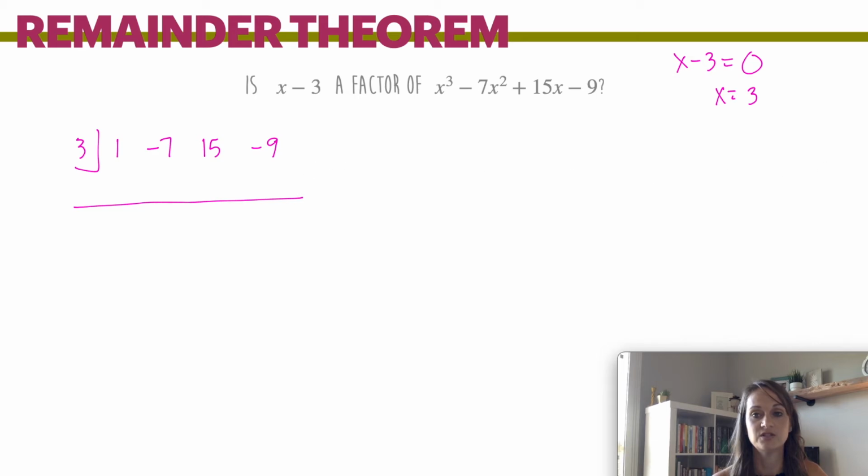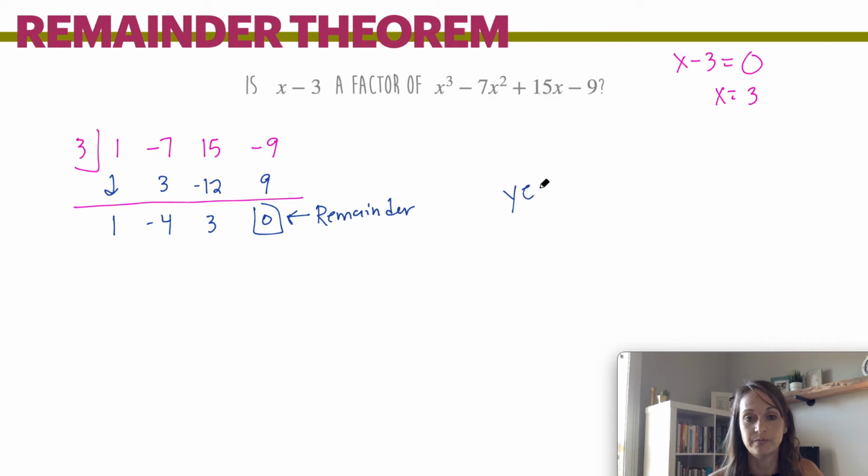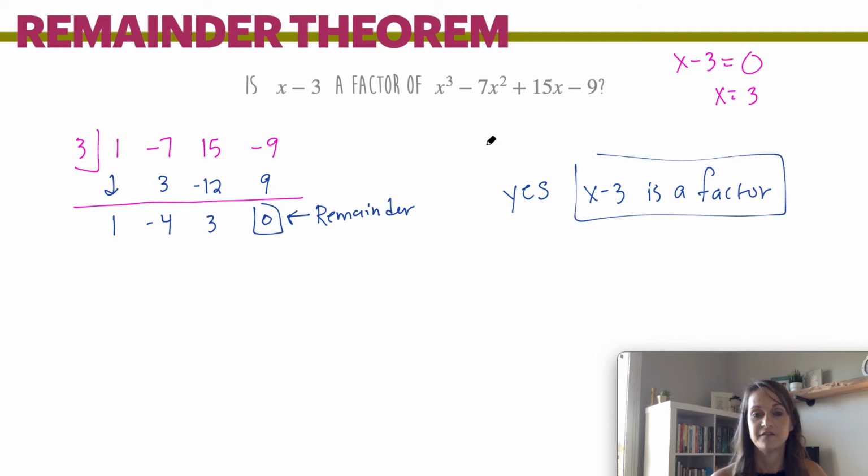So if I was to solve this using synthetic division, bring down my 1, and I'm going to multiply, add, multiply, add, multiply, add. Because my remainder is 0, therefore your answer is going to be yes, x minus 3 is a factor of that function.